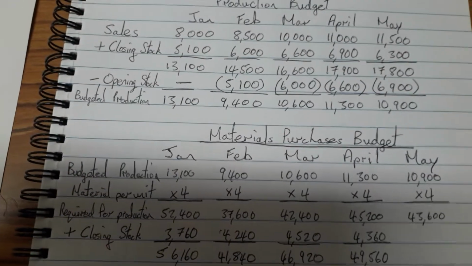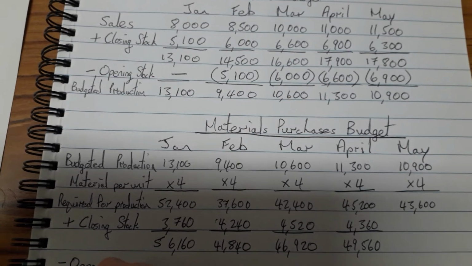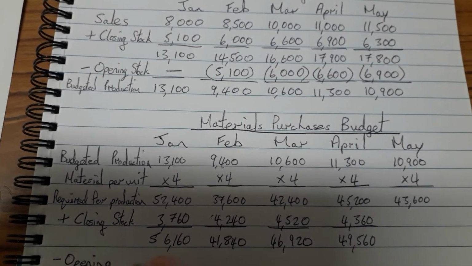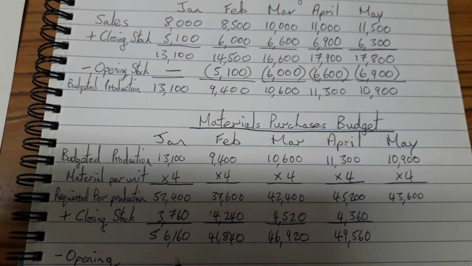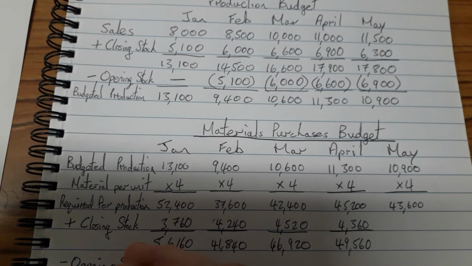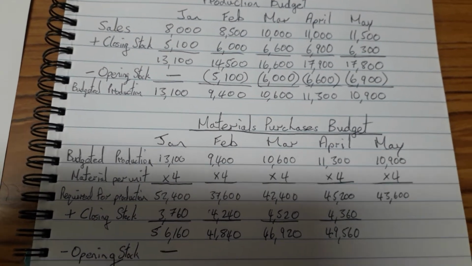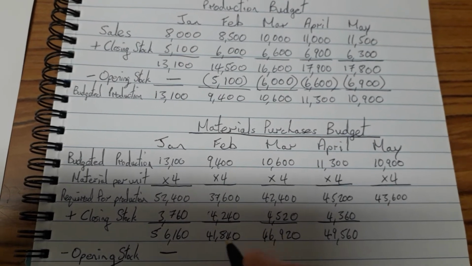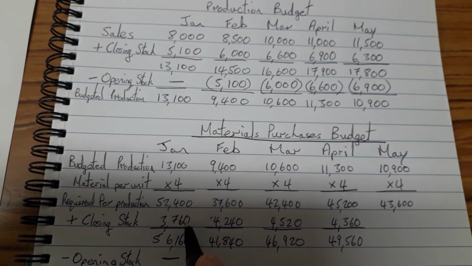And now, just like above, if we already have some opening stock or some materials in our warehouse at the start of the month, then we don't need to purchase all this amount to do our manufacturing and to have that much closing stock. We need to purchase less than that. Since it's a new business, there won't be any opening stock of materials at the start of January. However, the opening stock at the start of February will be whatever we have left over at the end of January.